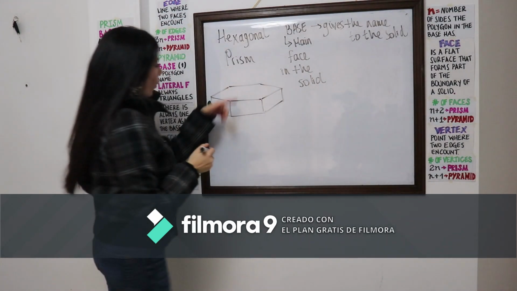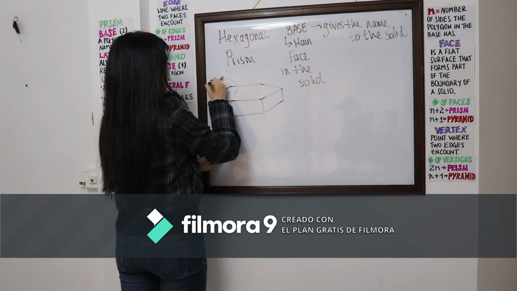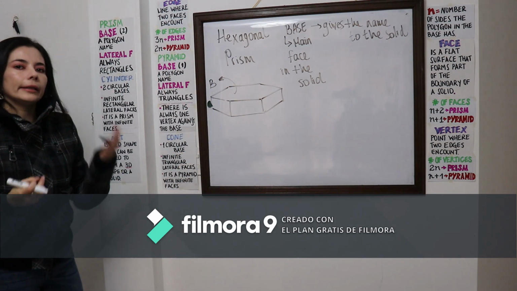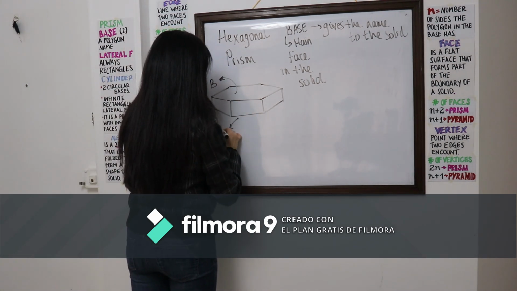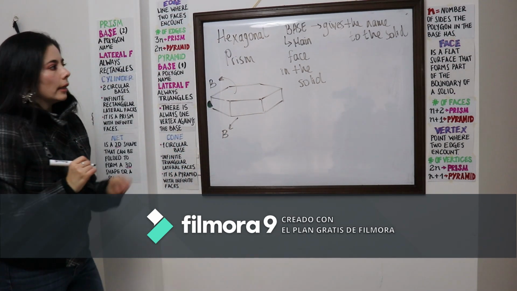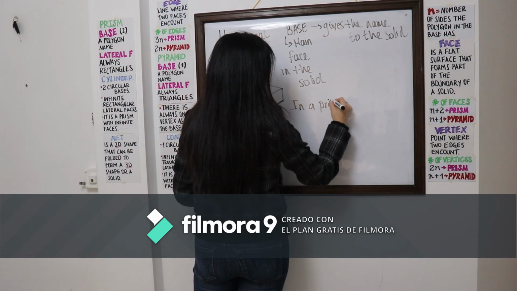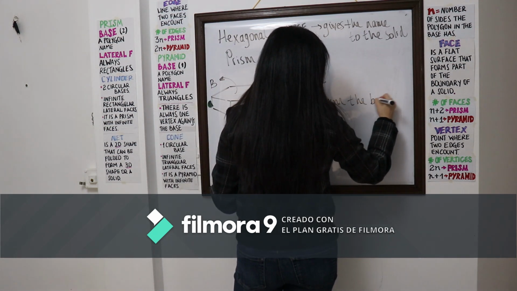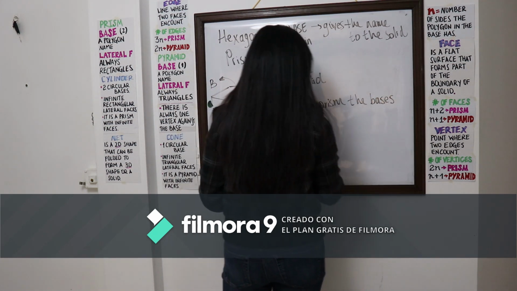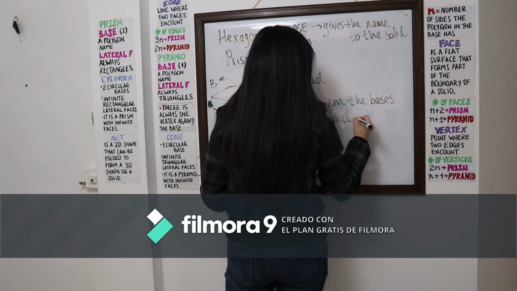The bases here, of course, this is going to be one of my bases. I know this is one base, right? And the other base has to be underneath. So I know the other base is right here, okay? Keep in mind, in a prism, the bases are parallel. What does that mean, parallel?